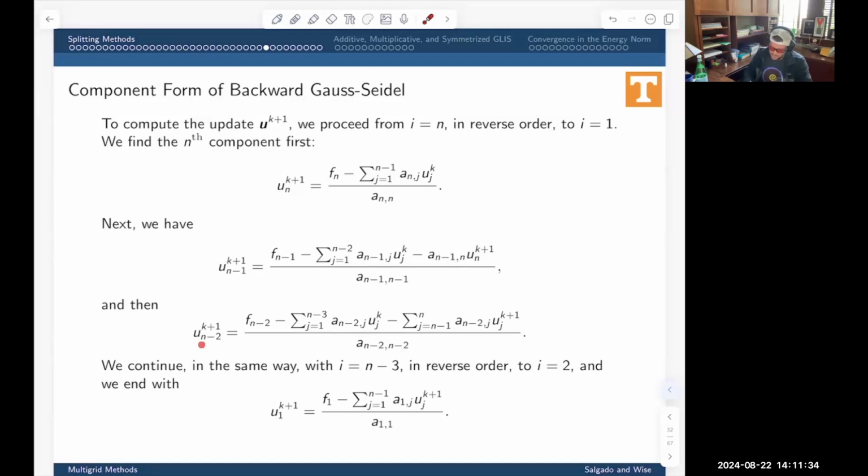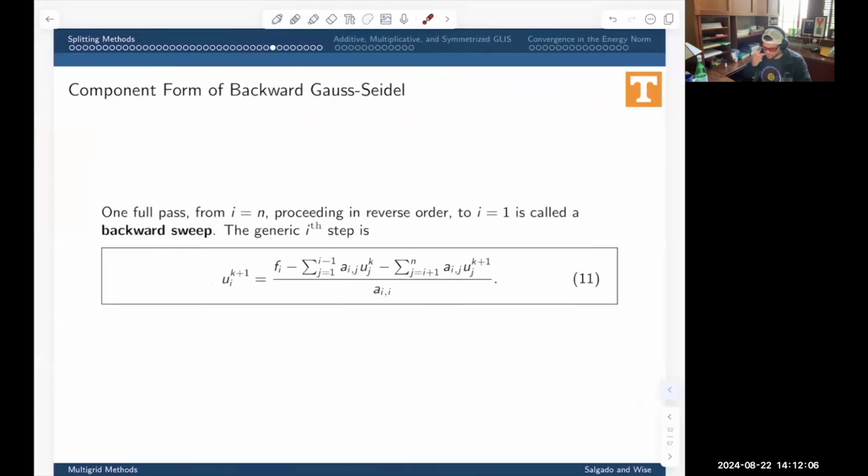Now you go to n minus 2. For n minus 2, you're going to use n minus 1 and n in this update. We're going to use those as the new pieces that we found in these two steps, and then all the previous pieces. And then you proceed all the way until you get to i equals 1. By the time you get to i equals 1, you're only using all the new updated information, the k plus 1 level stuff, to get that update.